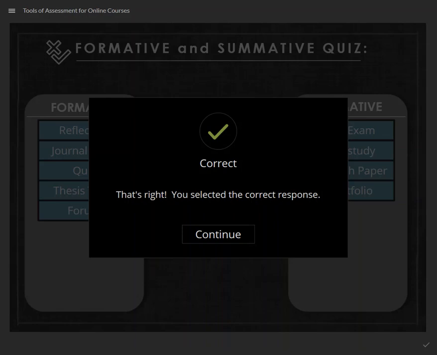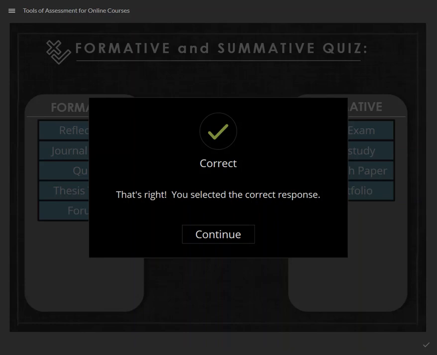I'm informally, formatively assessing your knowledge. And so you're right, John. You start by asking questions to gauge and to measure and track students' comprehension and progress during a lecture. And this is very informal. There's no grade associated with it.